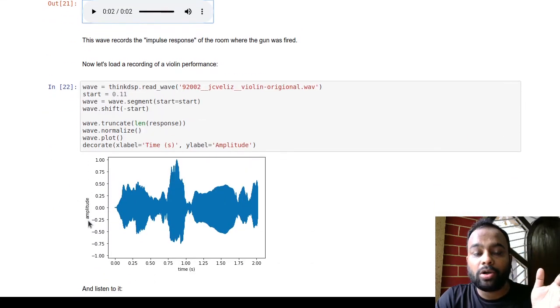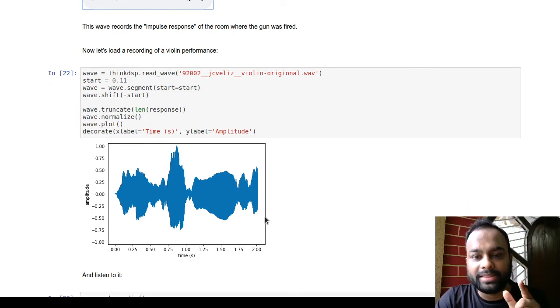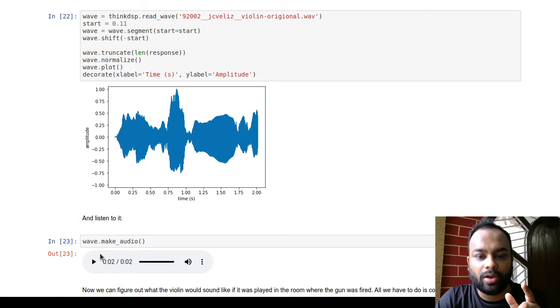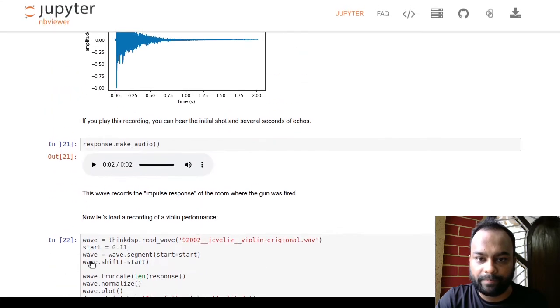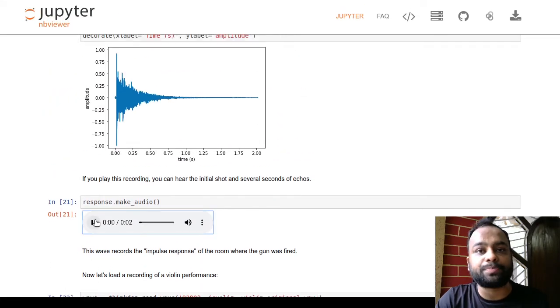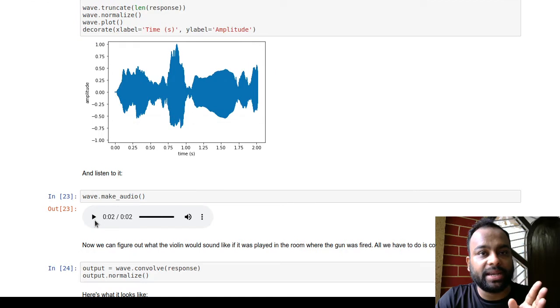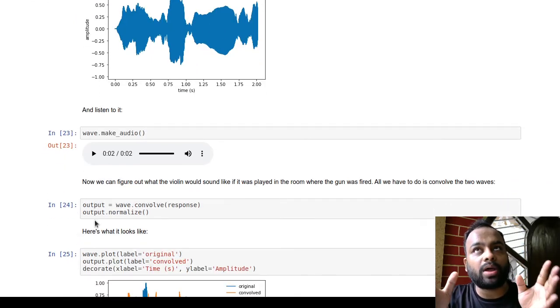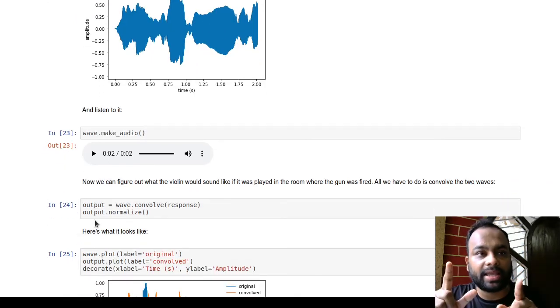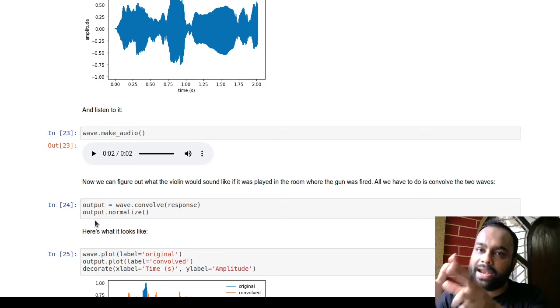So now, for our mathematical purposes, for our subject's interests, this is my input. Okay, what is the input? The sound of the violin in a regular room. And this is the impulse response. And this is the impulse response of an empty hallway. Right? But my objective was to be able to figure out what my music sounds like in an empty hallway.